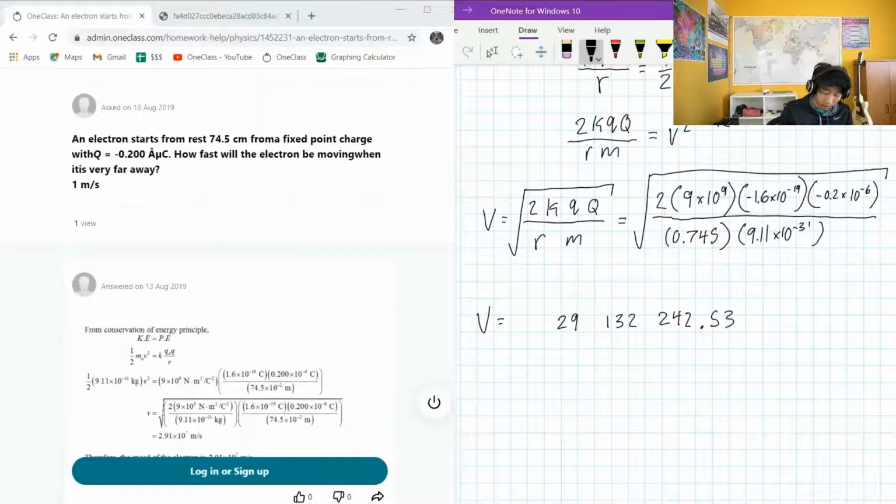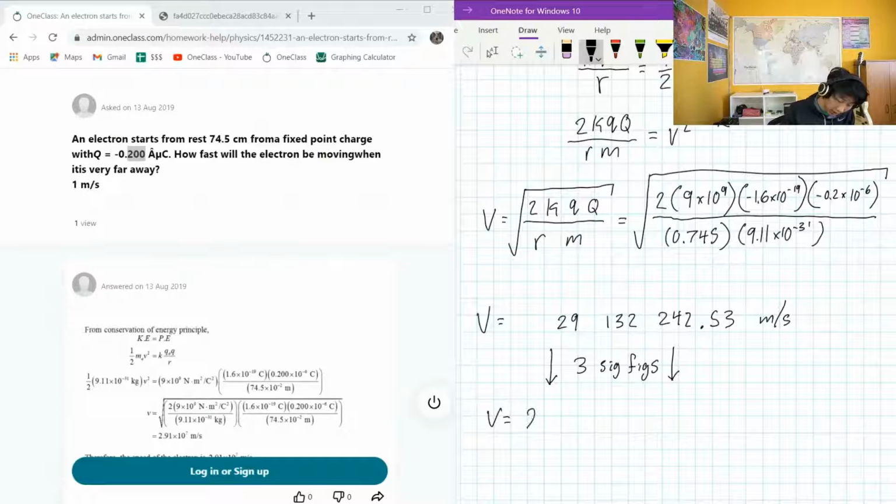Okay, so 29 million meters per second, but now we need to accommodate our significant figures that were given by the question. The question gives us 3 sig figs here and 3 sig figs here, so we need to convert this to 3 significant figures for the final answer.